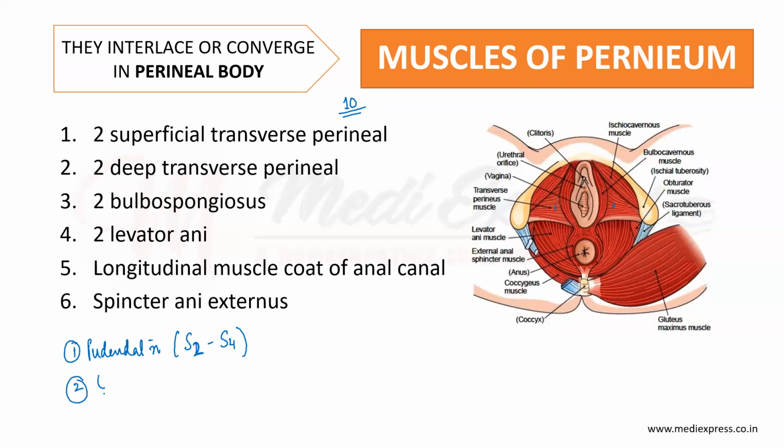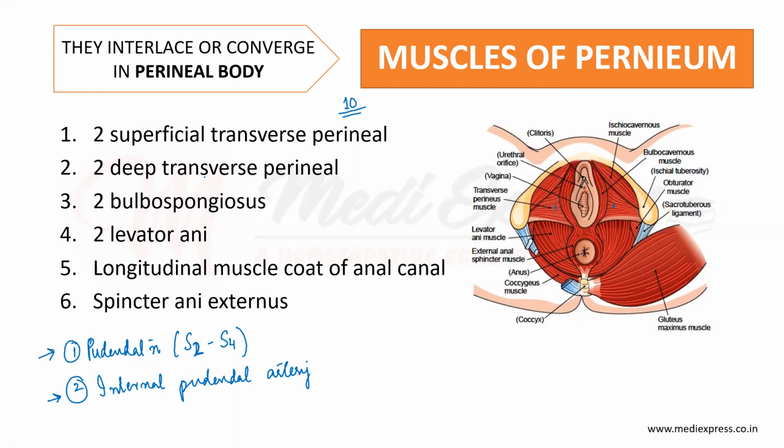The arterial supply is internal pudendal artery. So remember, nerve innervation is by pudendal nerve, and the blood supply is through internal pudendal artery. This is something which you need to remember regarding muscles of perineum.